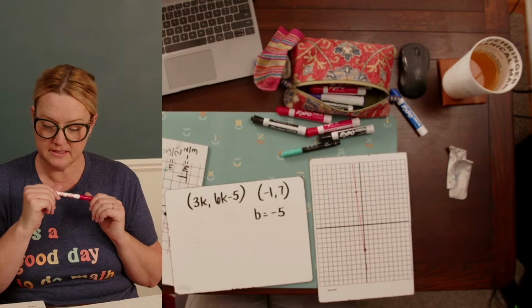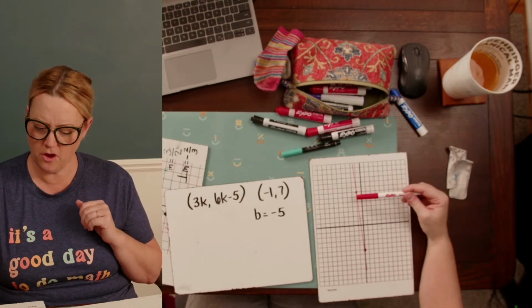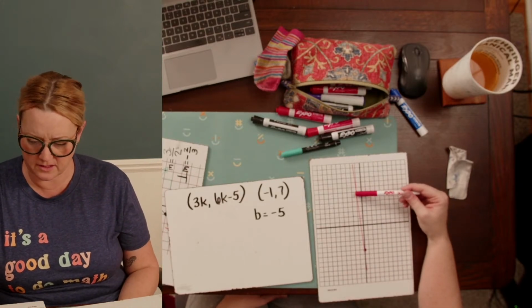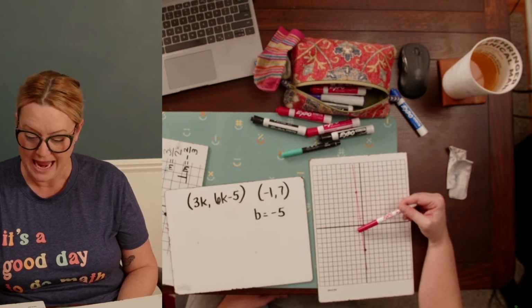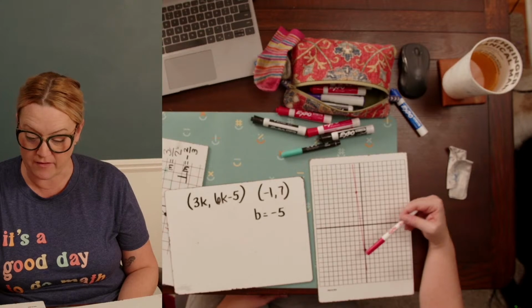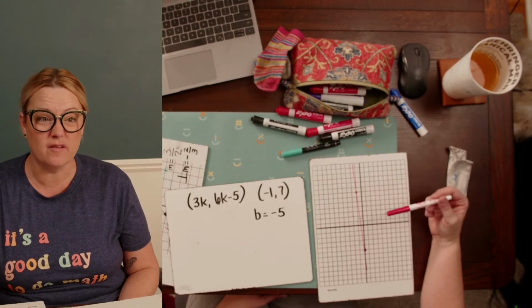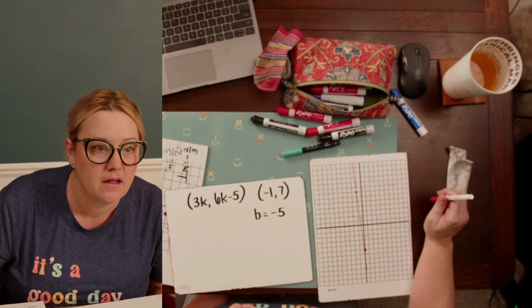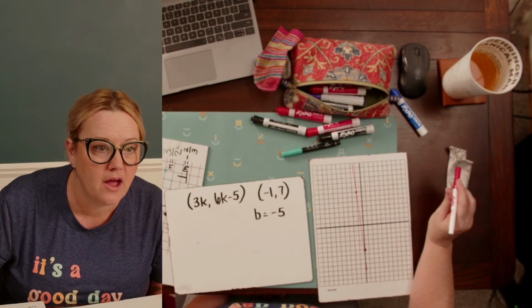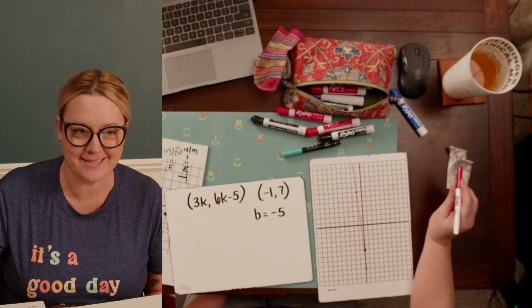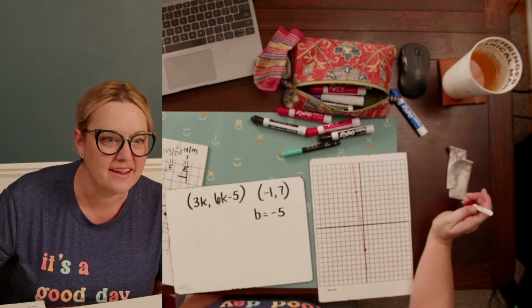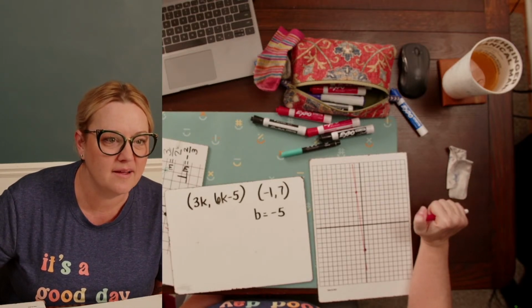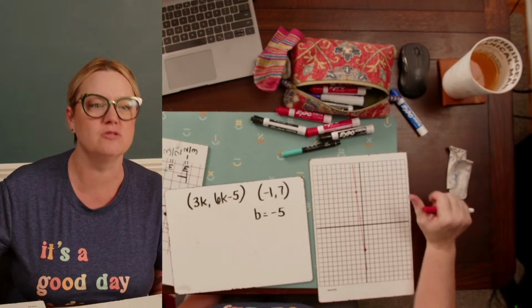Negative 7. I don't think this slope is negative 7. I think that the slope is much higher than that. 1, 2, 3, 4, 5, 6, 7, 8, 9, 10, 11, 12. This slope is negative 12. Oh, are you guys both in the same class? That's exciting. Okay. All right, so geometry grade. Okay, so geometry. Got it.